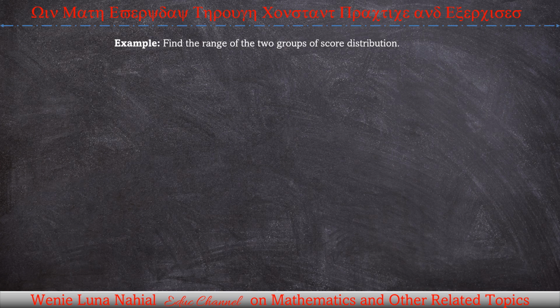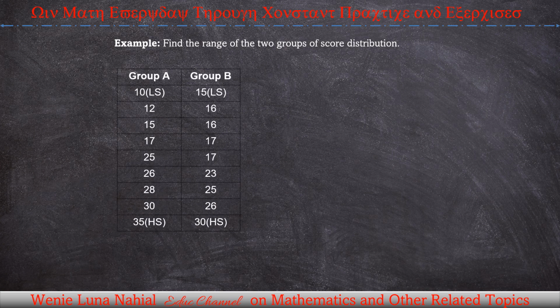Example, find the range of two groups of score distribution. We have Group A, in which the lowest score is 10 and the highest score is 30. Then Group B, the smallest score is 15 and the highest score is 30.